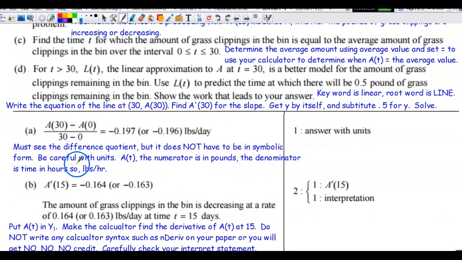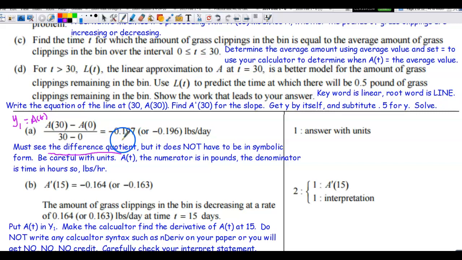We're going to use our calculator. I would put the function A into y number 1. And then we're going to have A of 30, whatever that number is off the calculator, minus A of 0, over 30 minus 0, and I want to be sure to see the difference quotient, and then I want the number reported.